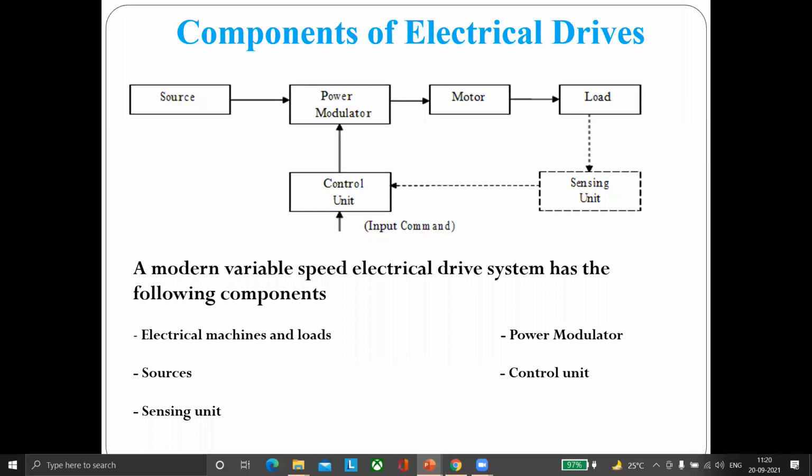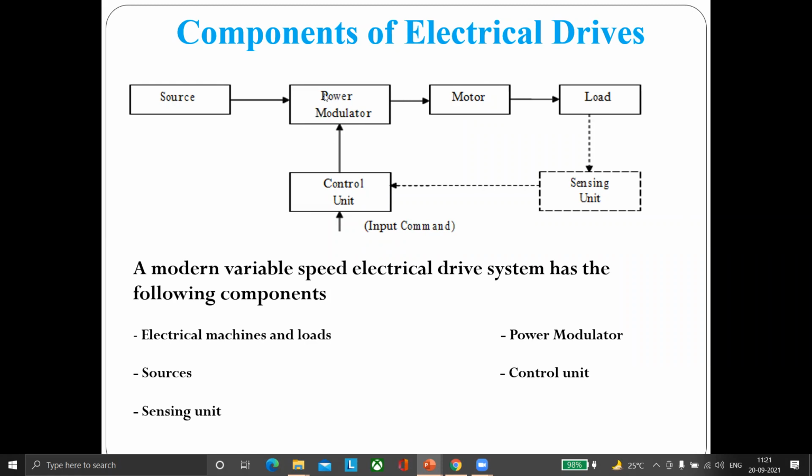drives. Okay, so here to control the speed of this motor, we are designing the controlling circuit using the power semiconductor devices, that is the power electronic modulator.